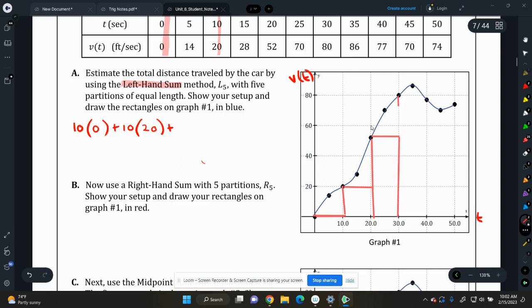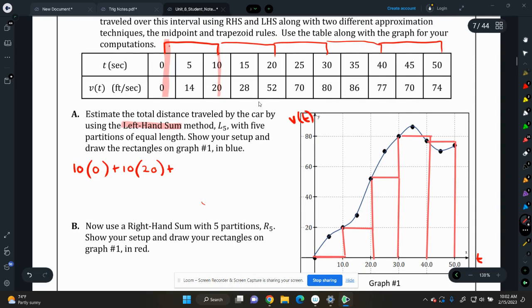And then we have another rectangle here, and then the last rectangle is going to be right here. Okay. Those are the rectangles. If we look at it on the graph, maybe it helps, but I'm just drawing the rectangles.